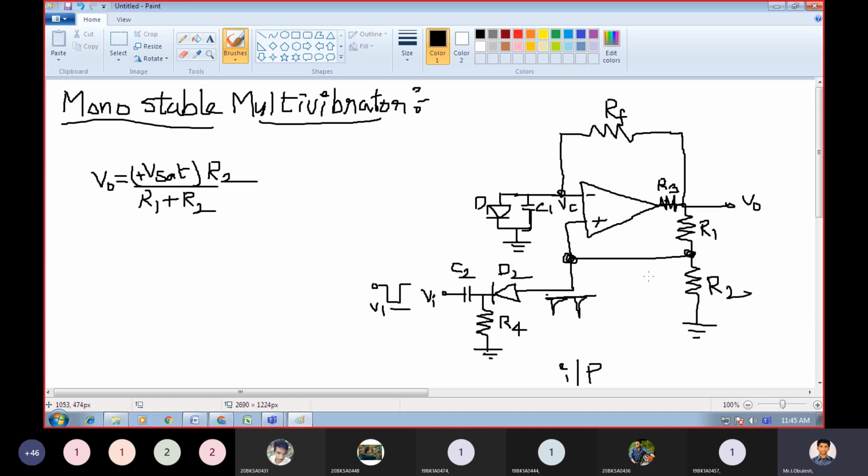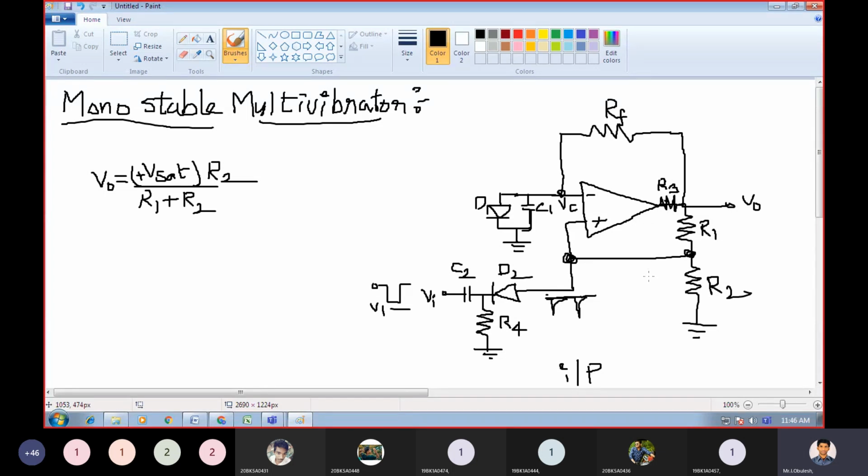The voltage at the negative input terminal through R1 and R2 is beta V saturation, or R2 by R1 plus R2. We wrote the V naught equation: V naught is equal to plus V saturation into R2 by R1 plus R2.